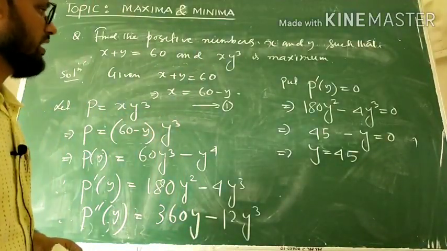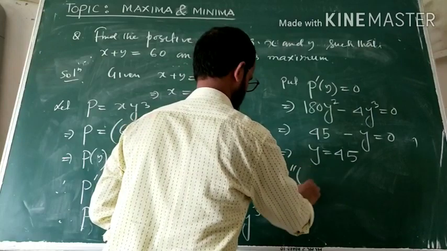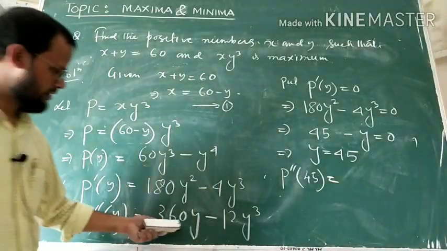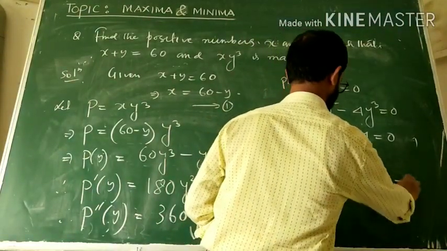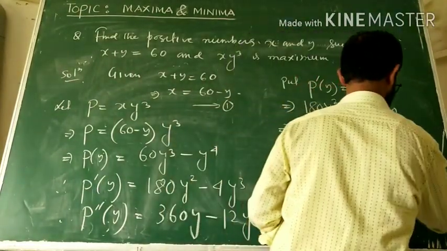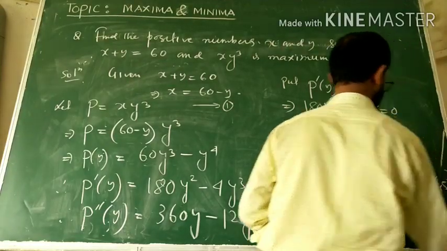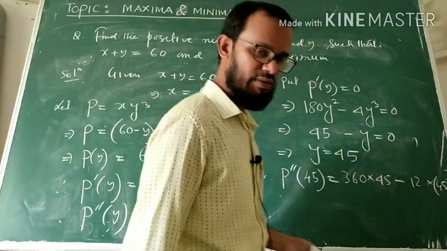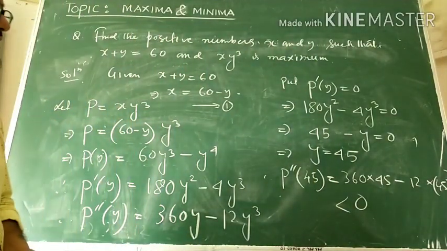Now to check the second order, P double dash 45, उस पॉइंट में पुट करो, 360 इंटू 45 माइनस 12 इंटू 45 whole cube. You calculate, you see this figure is greater than this one. Ultimately हमें नेगेटिव मिलेगा. थोड़ा सा कैलकुलेशन करके देखना, ज़रूरी भी नहीं है.